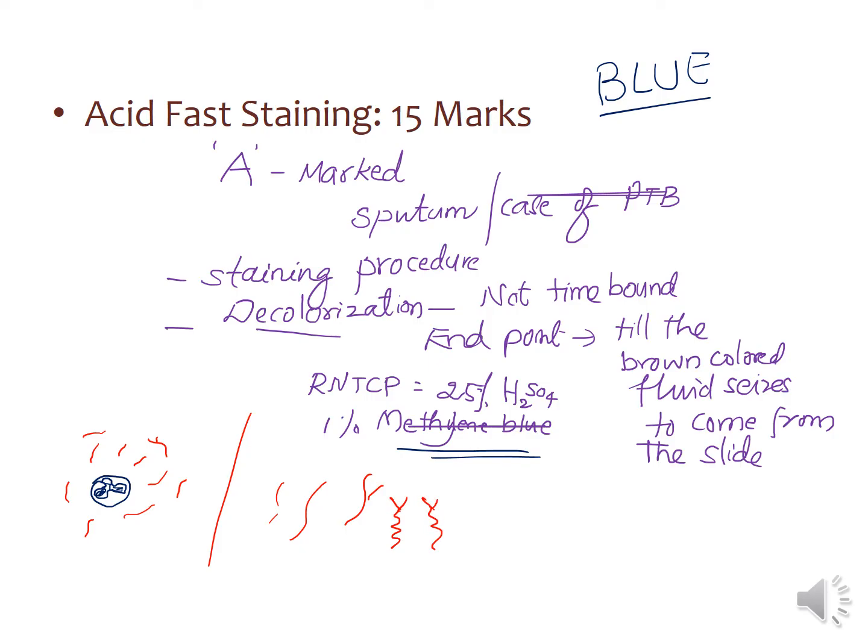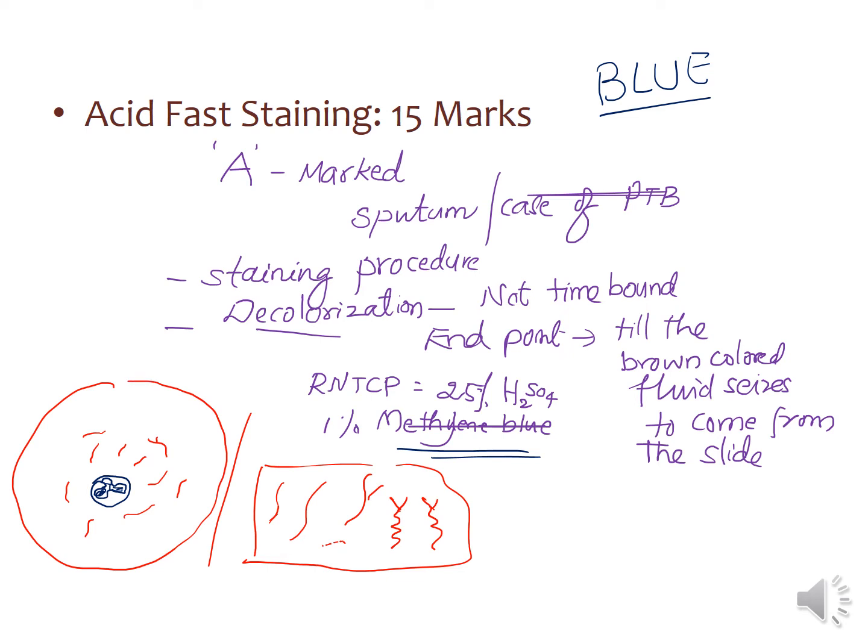So these are all wrong diagrams. These are very big bacilli, and some people may draw them with a beaded appearance. This is not correct. The beaded appearance is rarely seen, but this is the correct diagram to draw at the time of examination, and it has to be labeled properly.